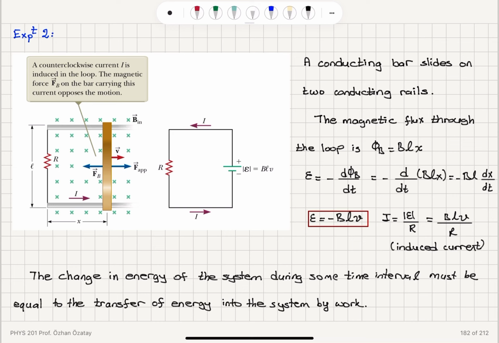So the induced EMF is minus the rate of change of magnetic flux, which is minus BL dx/dt. Because B and L are constant, but x is increasing in time, the flux is increasing. dx/dt is the speed of this conductor, v, so it's minus BLv. Therefore the induced EMF magnitude is BLv.